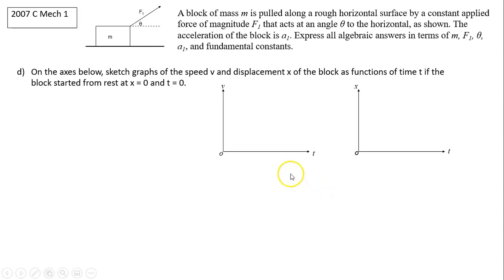Since acceleration is constant, the slope should be constant and positive. So that's v versus t. In the x versus t graph, the slope gives you the information about v. So the slope of the graph should be positive and increasing. That should give you a parabola.